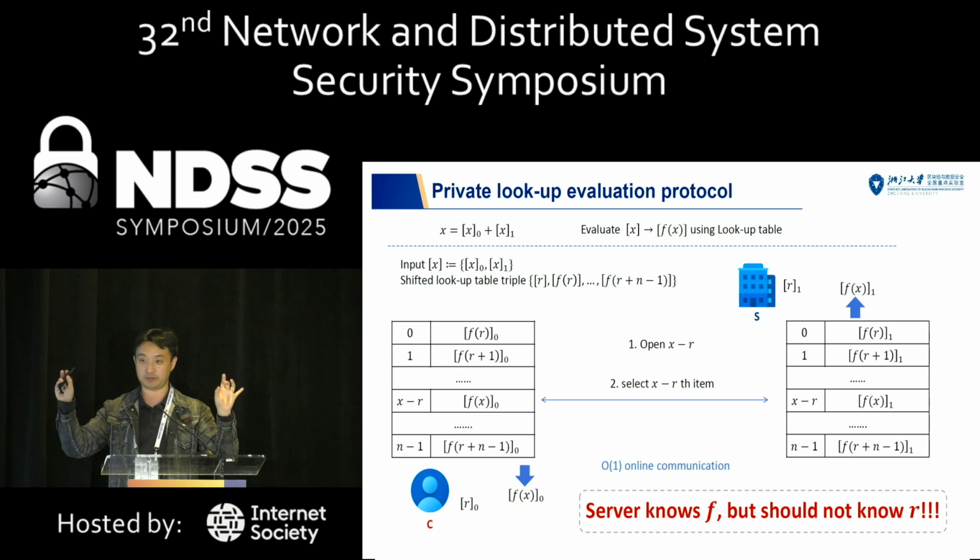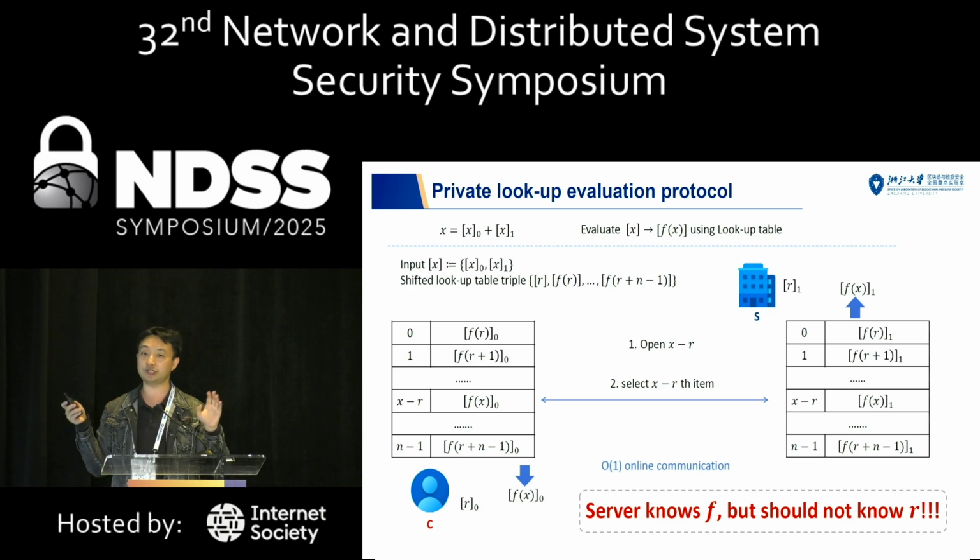So the shared table is cyclically shifted, and in the online phase, they just open x minus R, and that's just an index. Each of them takes the (x minus R) position of the shared shifted table, and that's their shared result, and that's it.